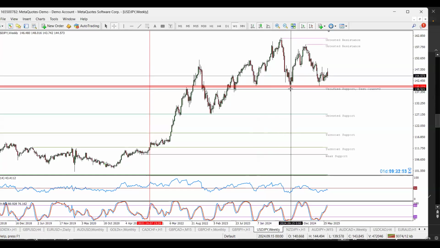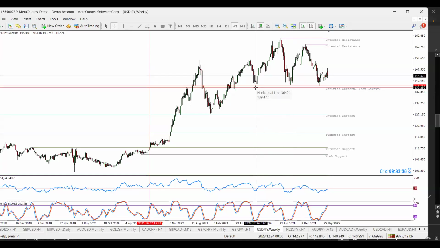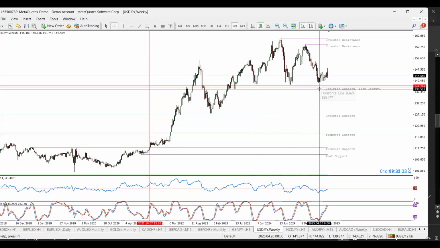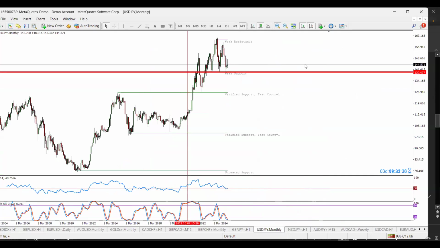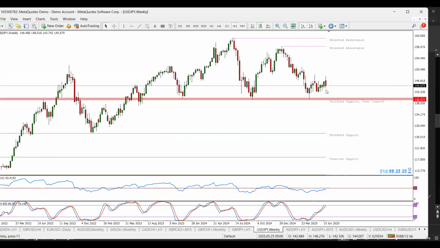It was rejected all the way here. Came back here, 15th of September 2024, almost 1 year later, still could not break it, was rejected. Came back here again, 20th of April. Right now, price is pushing up.